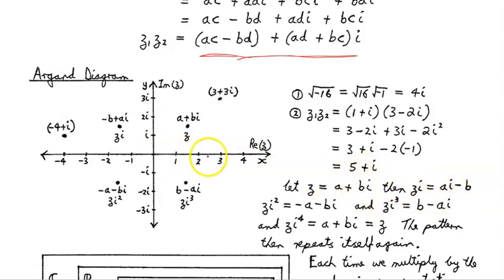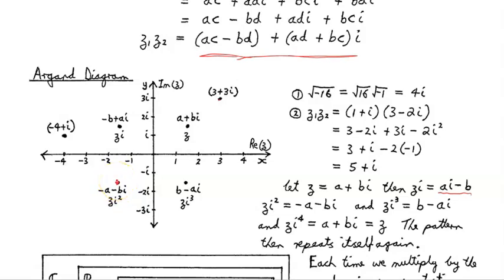We can see that this now lies in the second quadrant. If we multiply this result by i again, we get z times i squared, which is -a minus bi. You can see that is in the third quadrant, just down here.